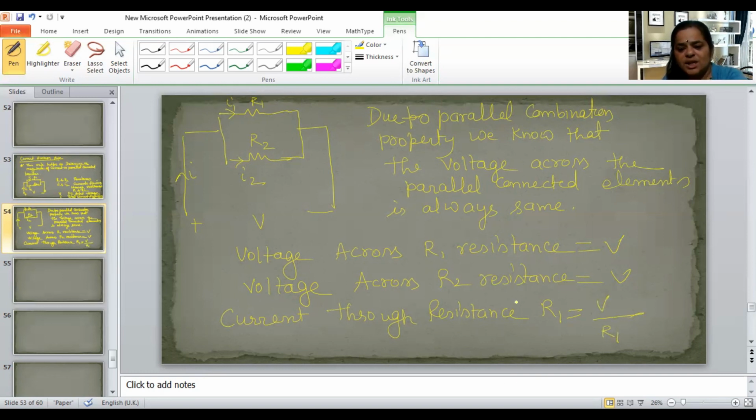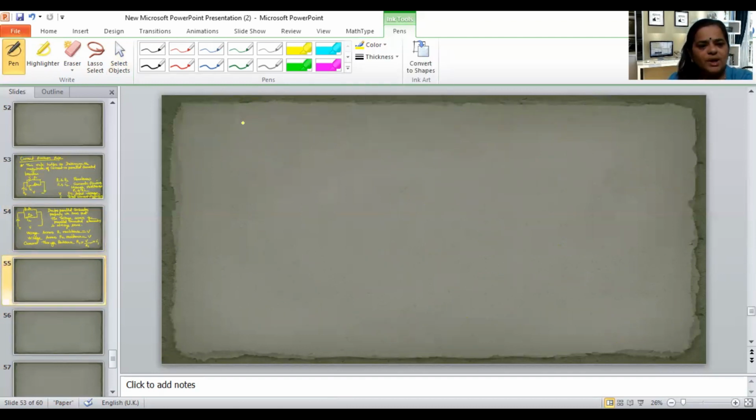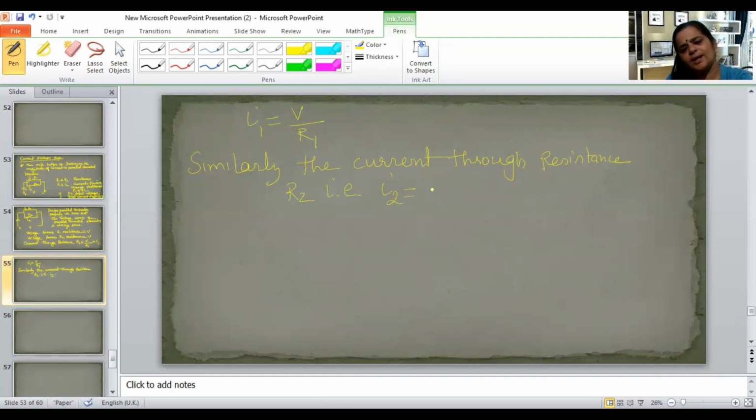And this I can write as I1, because the current flowing through R1 is I1. So we can write I1 is equal to V by R1. Similarly, the current through resistance R2, that is I2, is equal to V by R2.